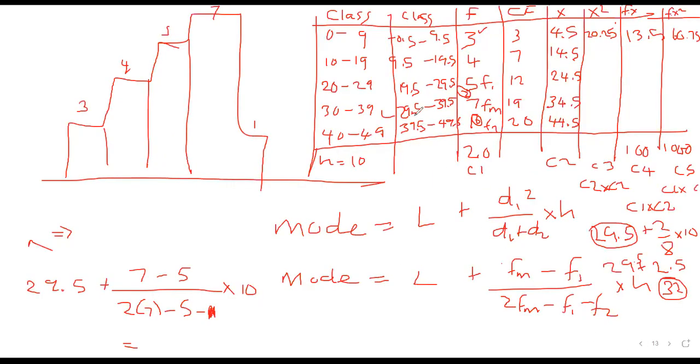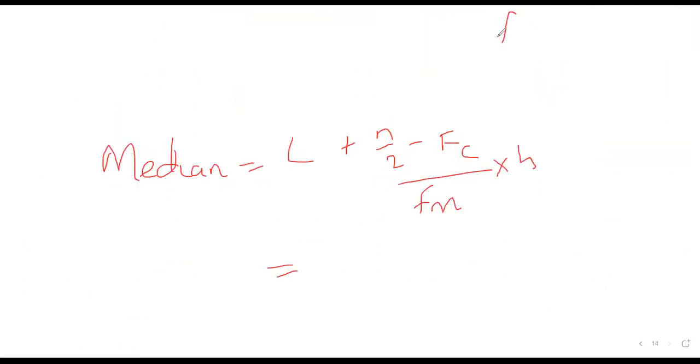Our L is 29.5. Our Fm is 7. Our F1 is 5. And our FC is next to F1, which is 12. Height is 10.